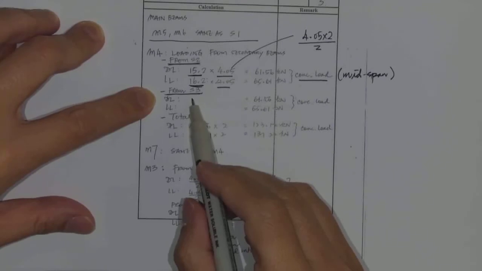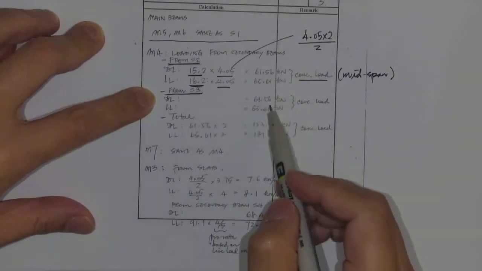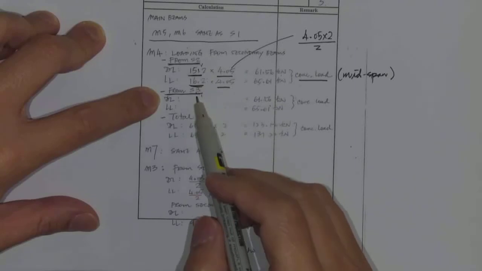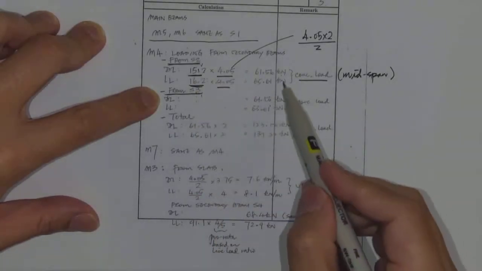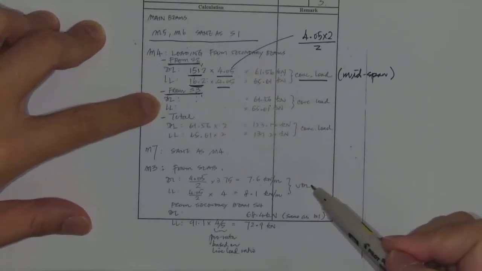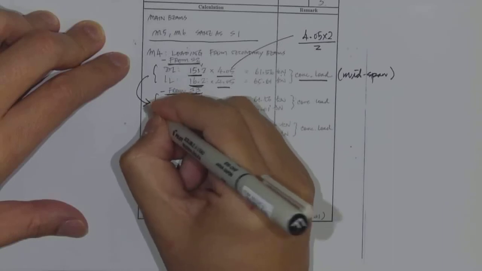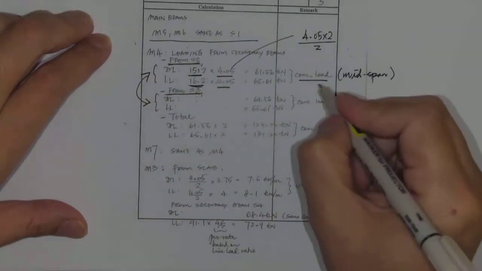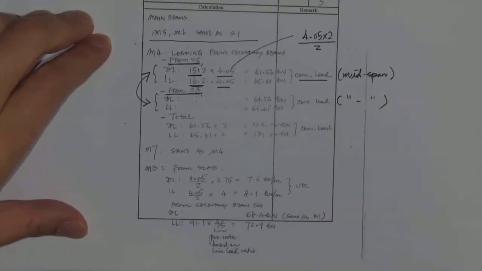For S3, same thing. You don't need to repeat the calculation. You just copy and paste because S2 and S3 are exactly the same. S2, S3, S4 are the same in terms of load. So you just copy and paste. Again, it's a concentrated load at exactly the same point, mid-span.